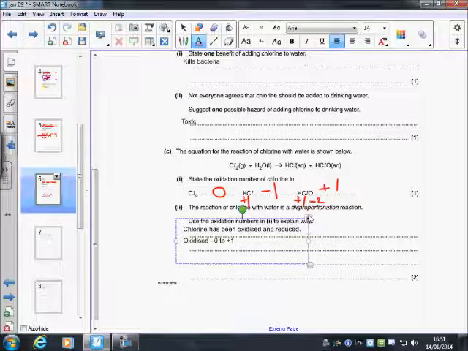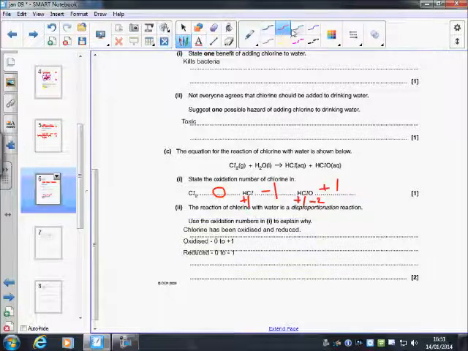And when it's been reduced, it's gone from 0 to -1. And that's what you need to put for both those marks. So you get your mark from stating this here, and then you need to state both of the changes, oxidation and reduction, to get your full 2 marks.